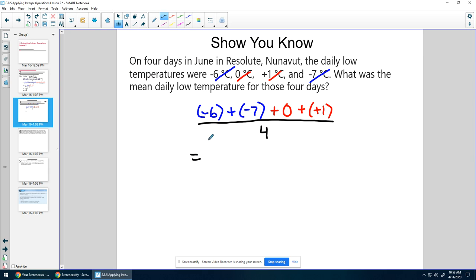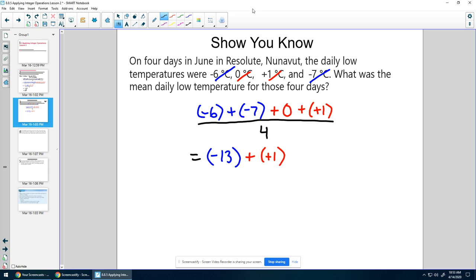And now we can solve. Negatives together, same team. The negative team's getting bigger. 6 plus 7 is -13. And then we have 0 plus 1, +1.